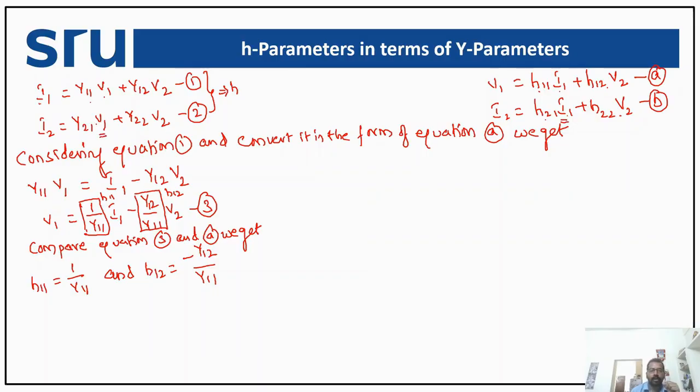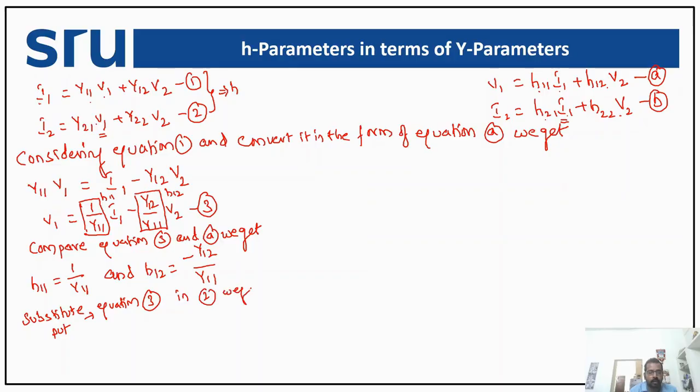So we need to eliminate this V1 by substituting equation 3, or put this equation 3 in 2.